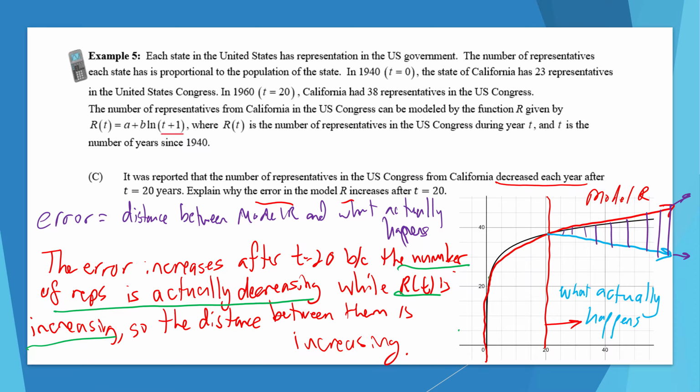As long as you make that connection between the two and show that one's increasing and one's decreasing, and you have which one is increasing correctly, then that should get you the point. And then making some sort of general statement about how they're getting further and further apart, the distance between them is increasing, the error is increasing. A general statement like that should get you full points for this question.